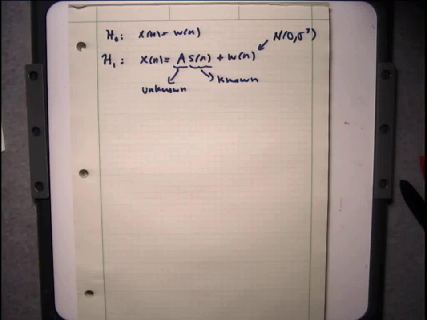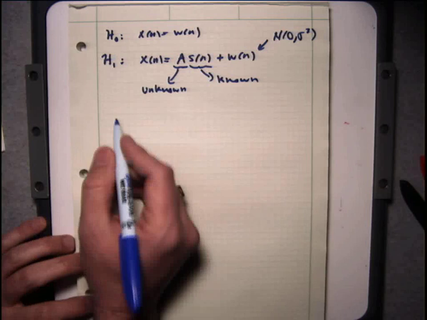But in some very special cases, you do. So for this scenario, one might ask: is there a test that will produce the highest probability of detection for a given false alarm, regardless of the value of A? And it turns out that depending on how A behaves, the answer is yes. That scenario is called the uniformly most powerful test. So that's the example that I want to carry out now.